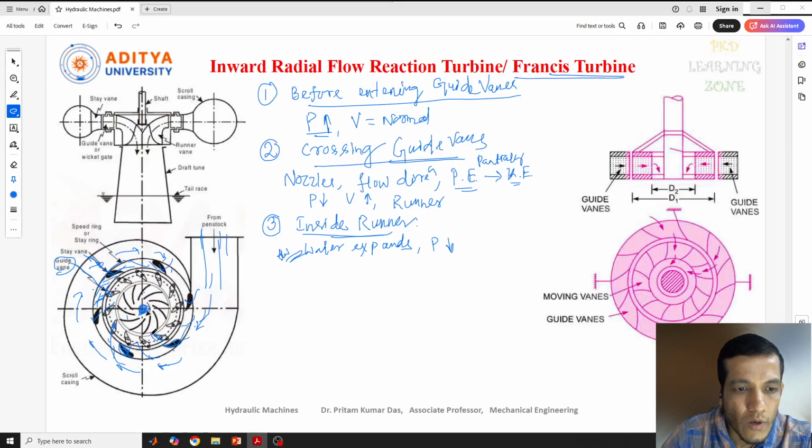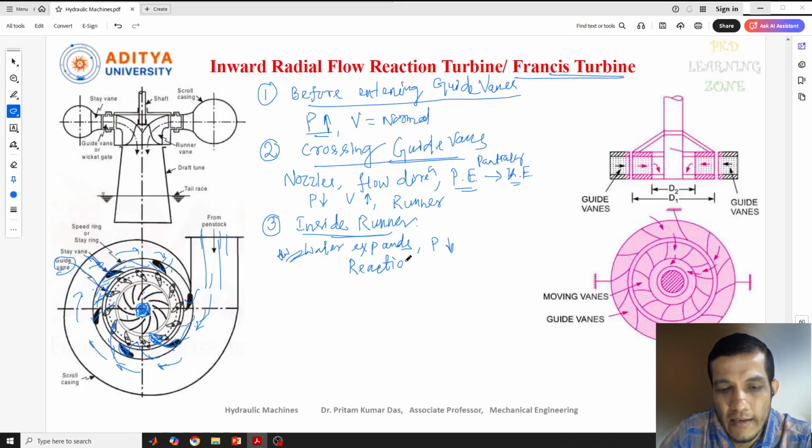Now at this point, your pressure was in decreasing mode or less. So the difference of pressure between the blade pressure side and the suction side of this turbine provides a reaction force.